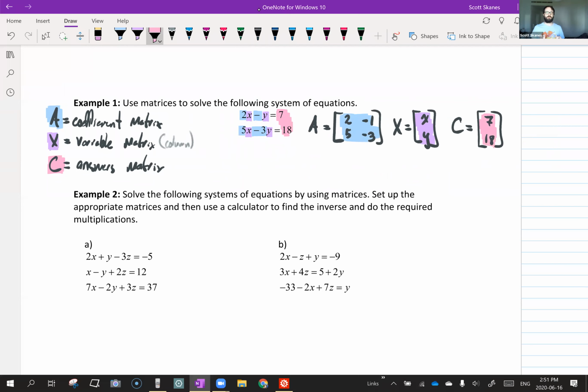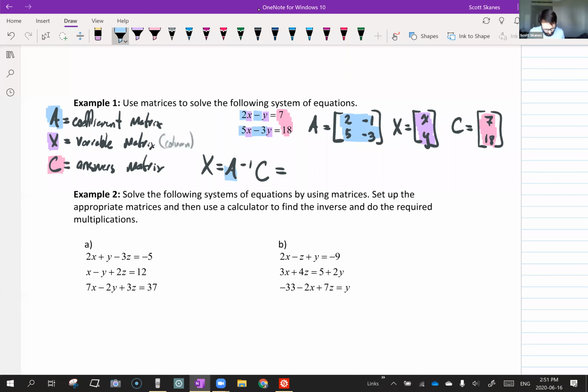And all we need to do now is make our calculator work for us, because we can use a very simple formula. The variable matrix, x and y, what we're looking for, is going to be the inverse of A multiplied by C. So let's do that.